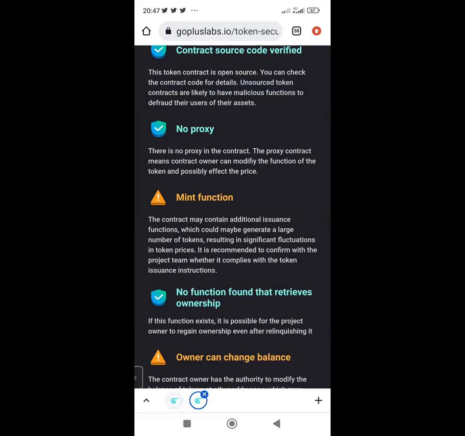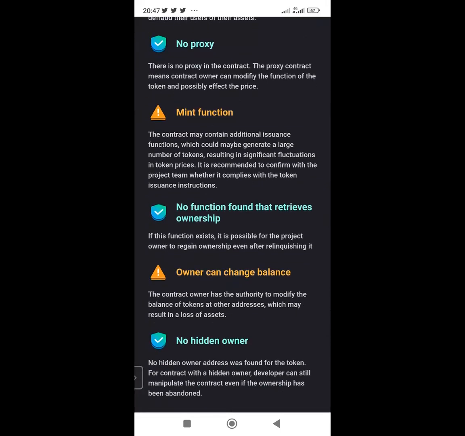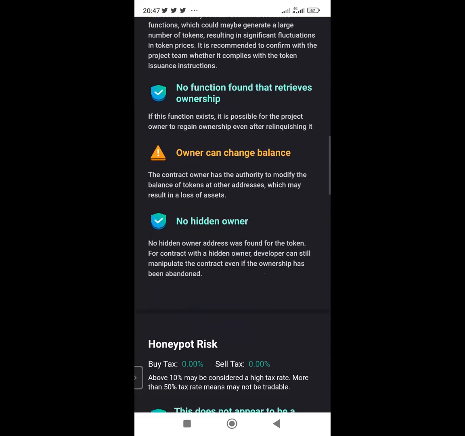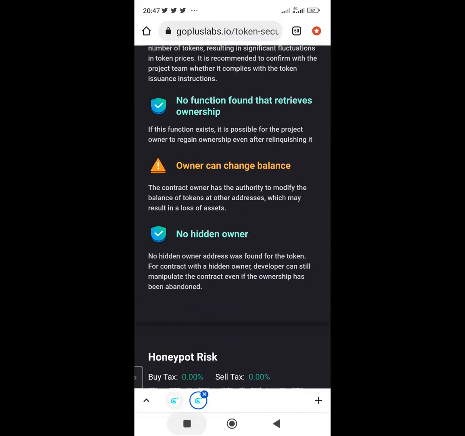The same way, some tokens keep their codes so they have an opportunity to mint more tokens. So if a developer makes such a thing, you should know the risks in what you are buying. Hope you are understanding me.